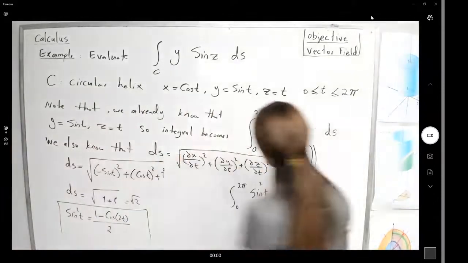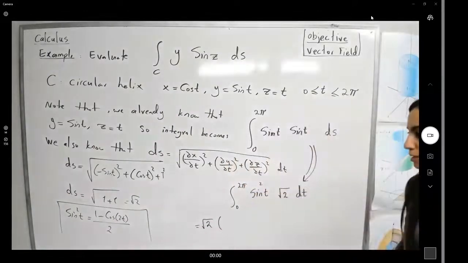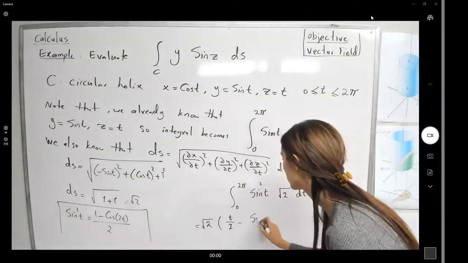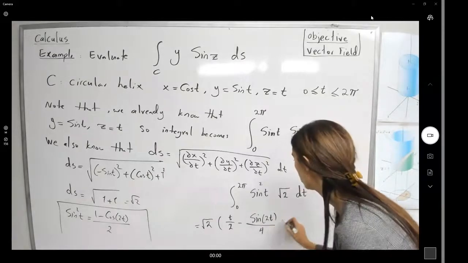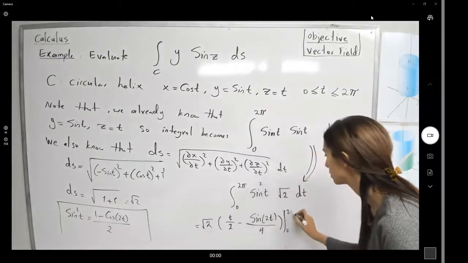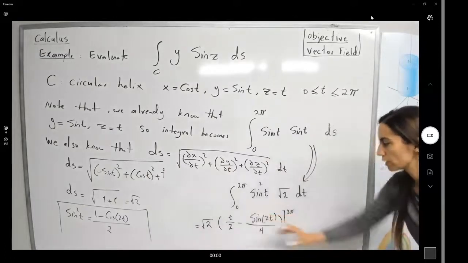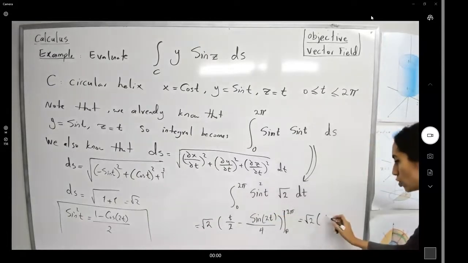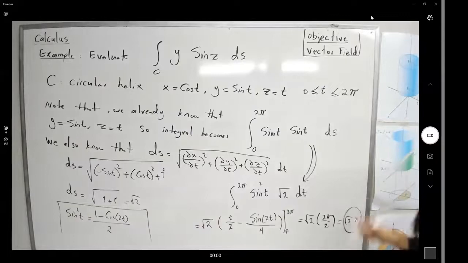We can write the square root of 2 outside the integral. And here we get t divided by 2 minus sine 2t divided by 4. Well, t is bounded between 0 and 2 pi. If you plug in 0 or 2 pi, the sine term is always 0. So we get the square root of 2 times 2 pi over 2, or the square root of 2 times pi.